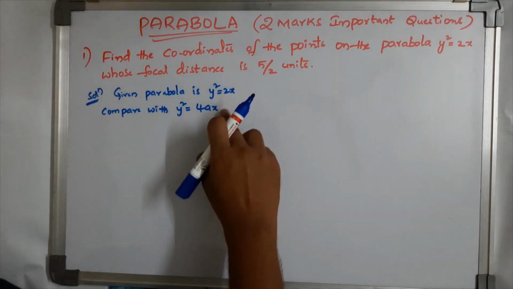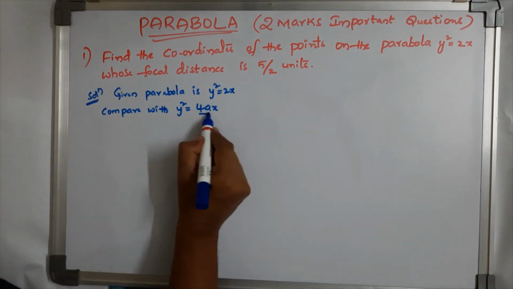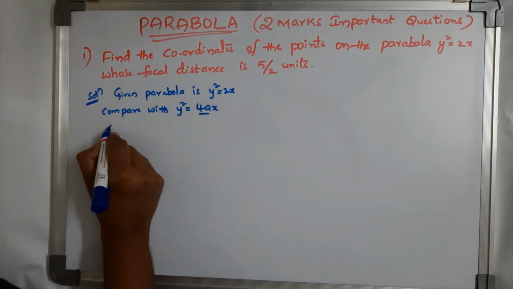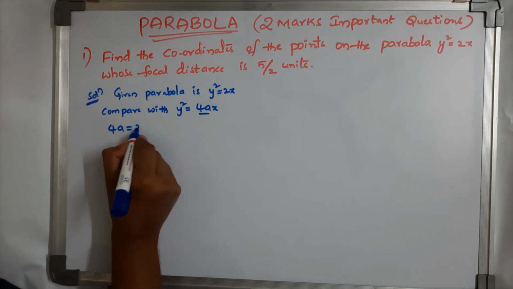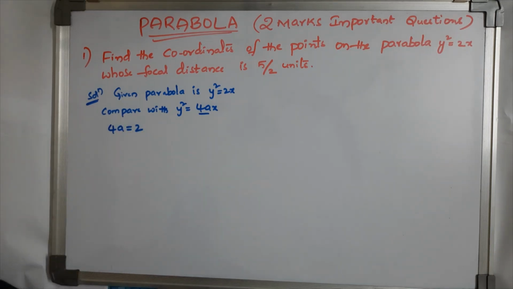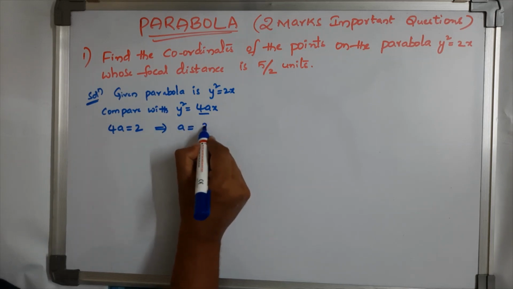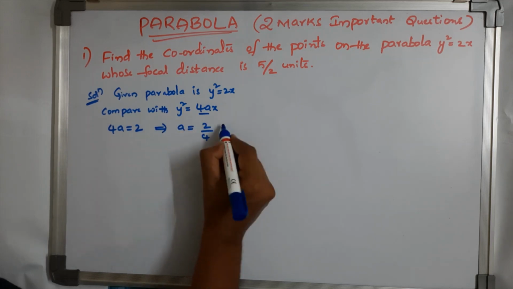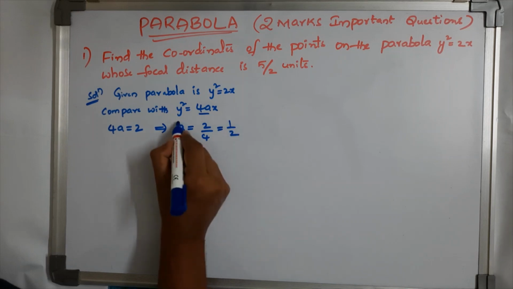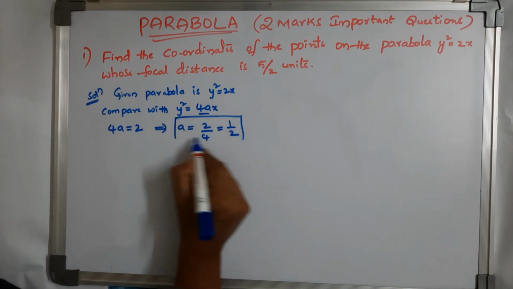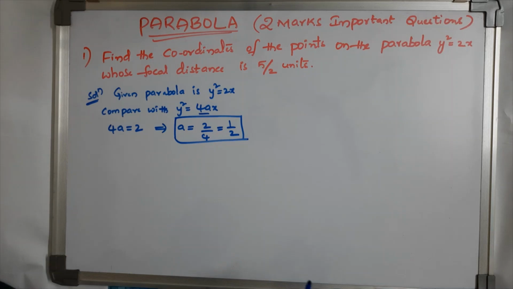If you compare these two equations, what you get? 4a is equals to 2. Okay. Now you will get a is equals to 2/4 or that is equals to 1/2. The value of a is 1/2.